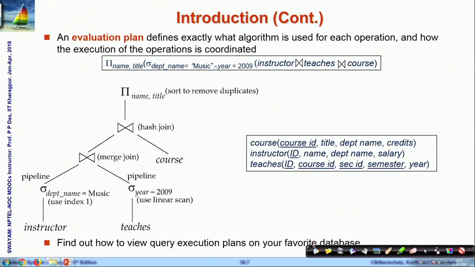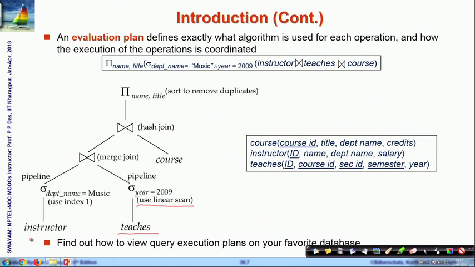So, here what we show is that along with this parse tree of the query in relational algebra, we are also putting some annotations to say how this particular query will be processed. If we want to find the tuples where the year is 2009 and there is no specific index on that, then for this selection, as we have seen earlier, the best way would be to use a linear scan.